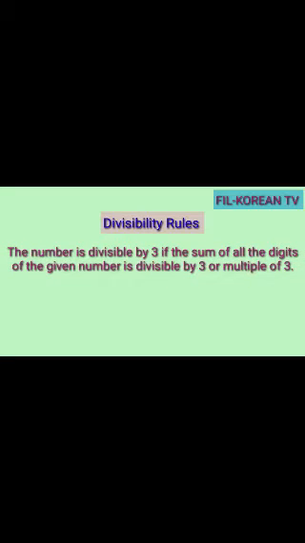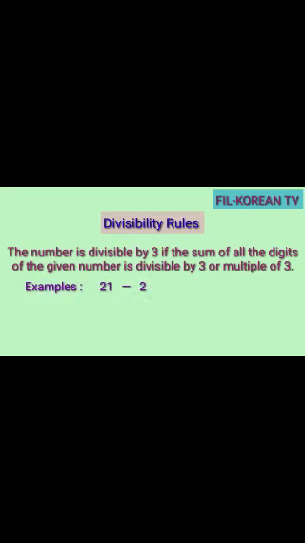Next, the number is divisible by 3 if the sum of all the digits of the given number is divisible by 3 or a multiple of 3. Dito naman, ipa-plus natin yung bawat numero ng given number. Kapag ang total nila ay pwedeng ma-divide sa 3 or multiple ng 3, ang given number ay divisible by 3.